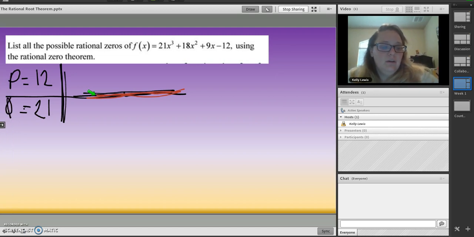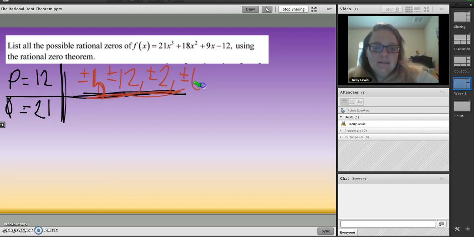Okay, so the factors of 12 are 1 and 12, 2 and 6, 3 and 4.